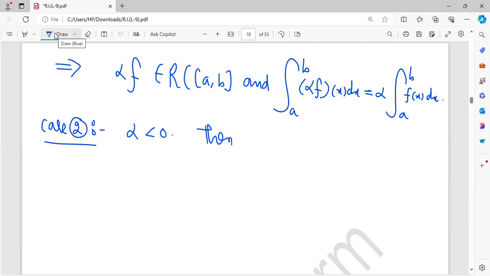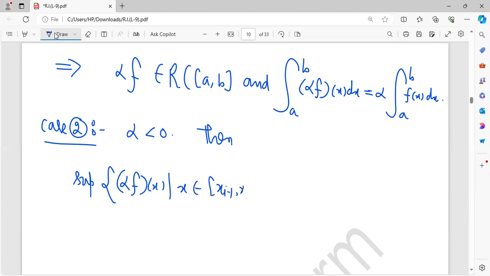What will be the supremum of alpha f(x) if x belongs to [x_{i-1}, x_i]?